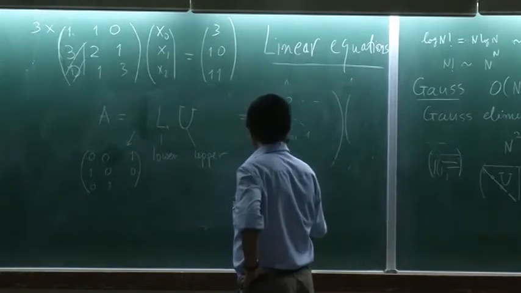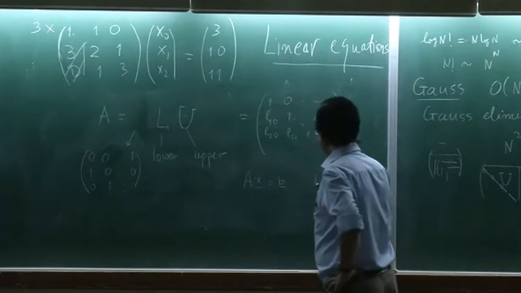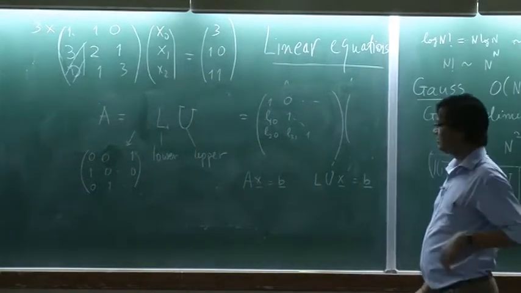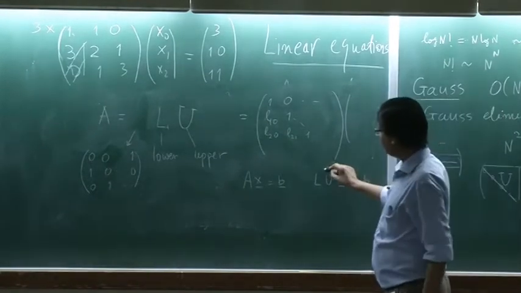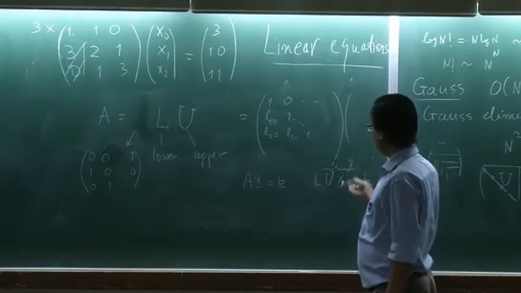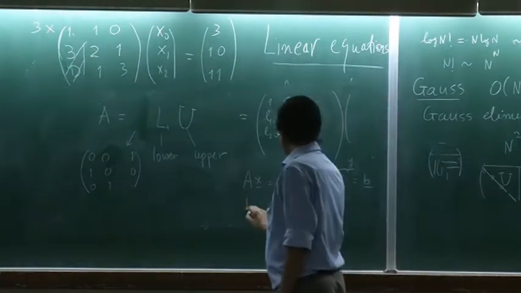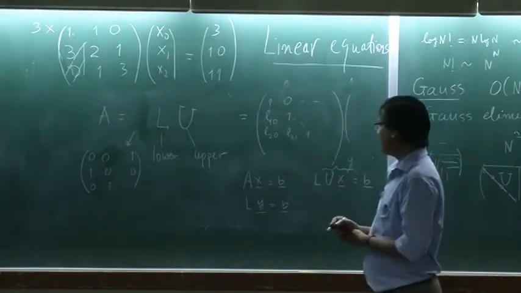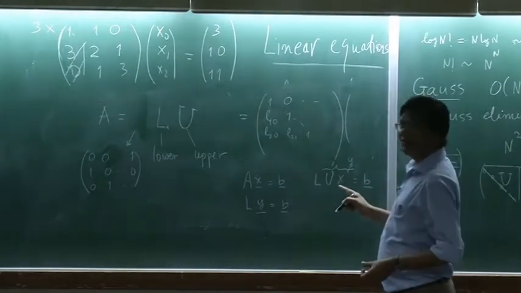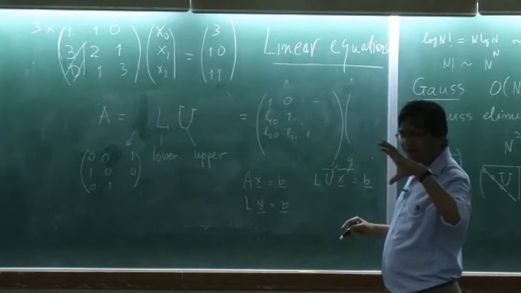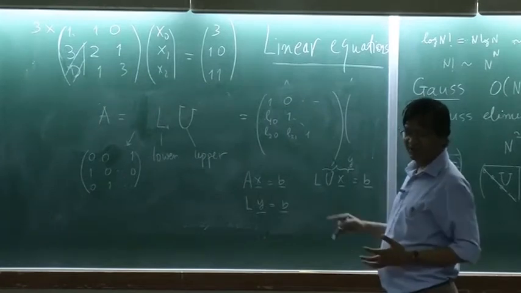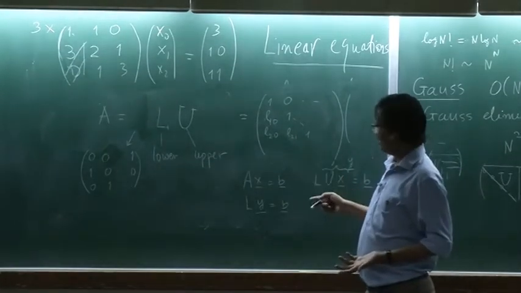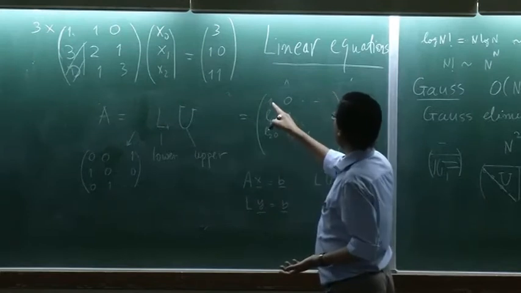I want to compute Ax equal to B, but somebody gave me A as L into U. I will call Ux as Y, and reduce this to L Y equal to B. As long as we have an upper diagonal or lower diagonal form, we can solve it easily, again by substitution.